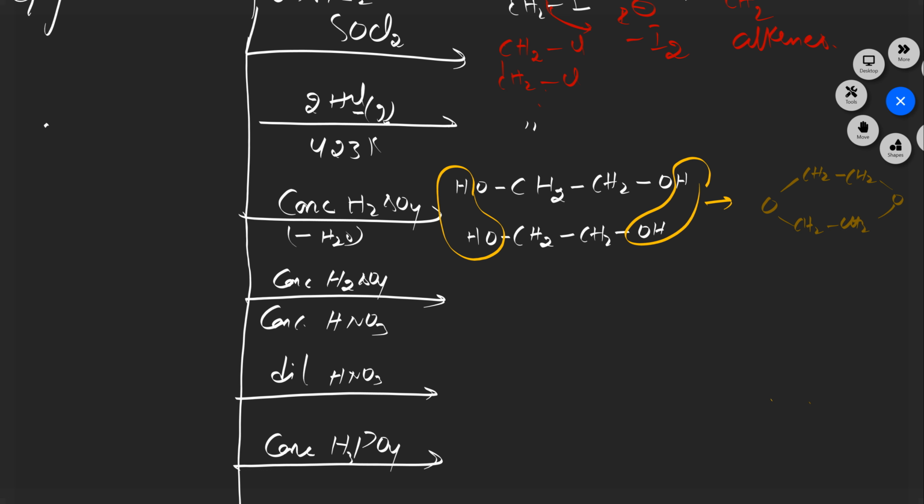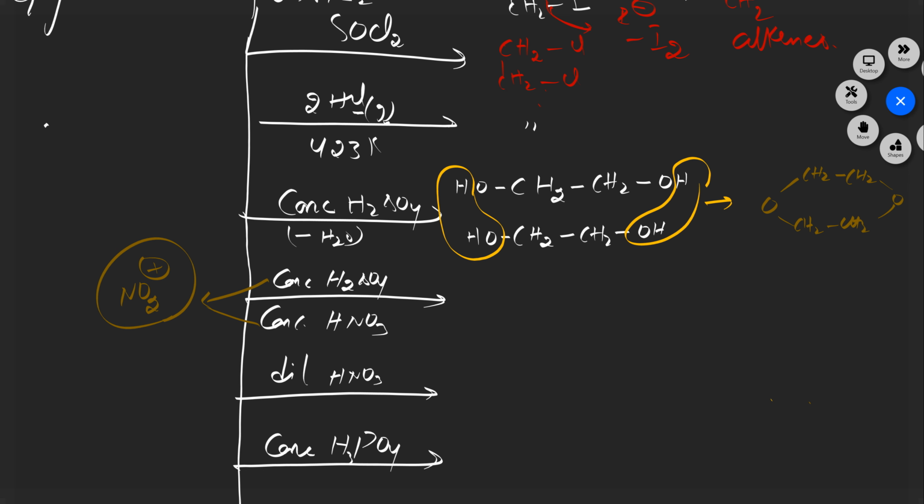Now, if you are taking that nitration mixture, what is the reagent that comes out from this mixture? An electrophile comes out. The electrophile is nothing but NO2 plus. From this mixture of concentrated H2SO4 and concentrated HNO3, it releases NO2 plus. It is an electrophile.